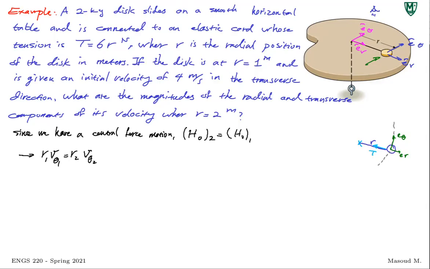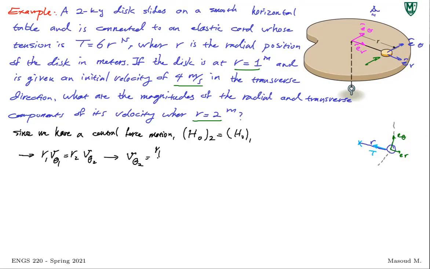See what we have. We know R1, we know R2. We also know V_theta1 is 4 meters per second. So from there, you can find V_theta2, the theta component of velocity at point 2.